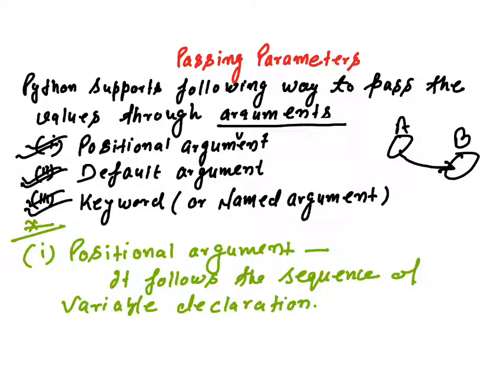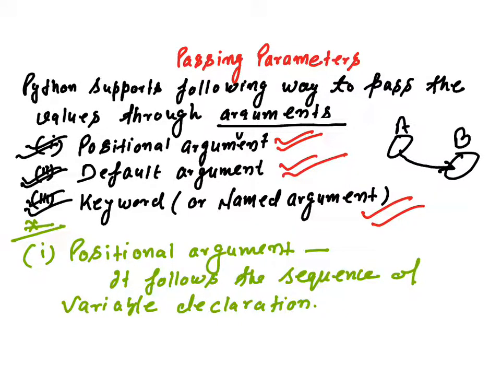You can pass the values from any function to any other function. There is no boundary. So there are three different ways we are discussing here: positional argument, then default argument, and then the keyword or named argument.